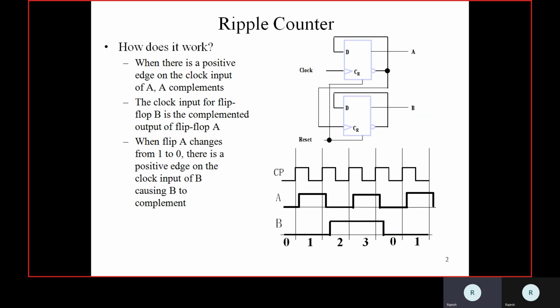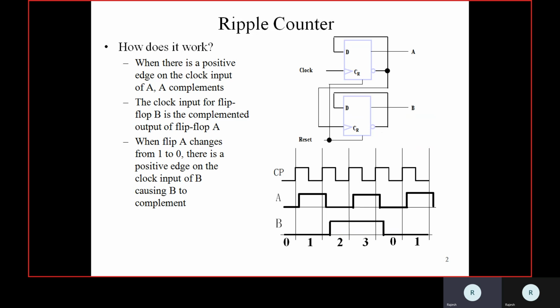So next, the asynchronous counter or ripple counter. In the right side diagram, we are showing one flip-flop where clock is the input and it is positive edge. You can see the triangle symbol, that is a positive edge.